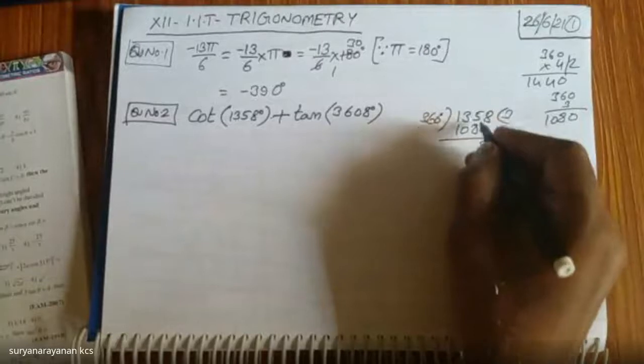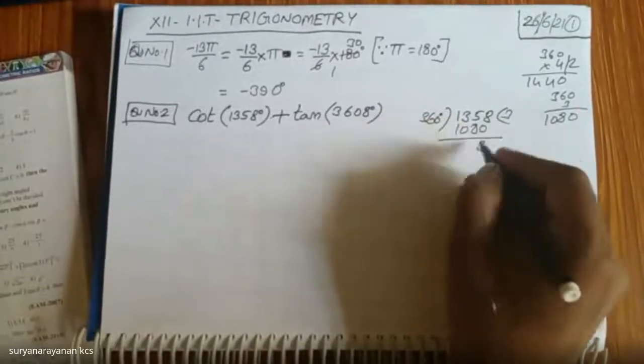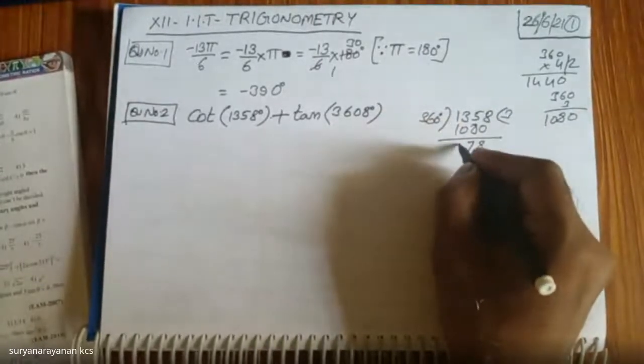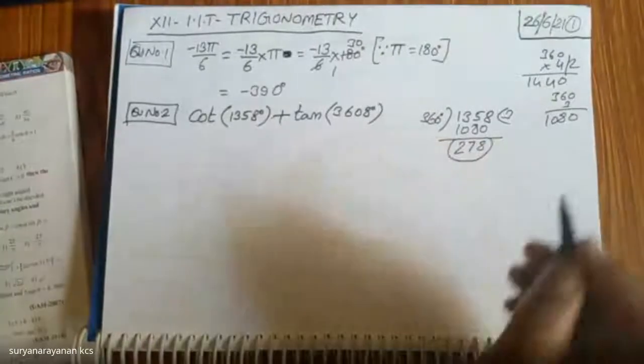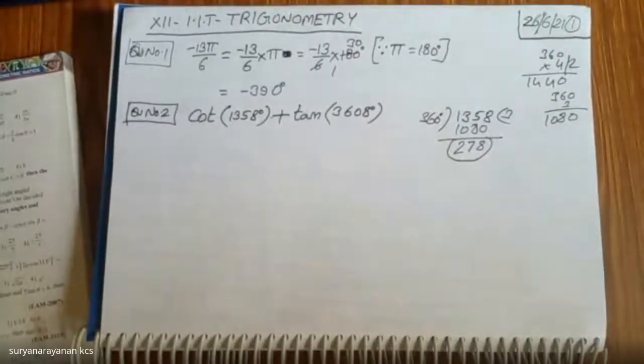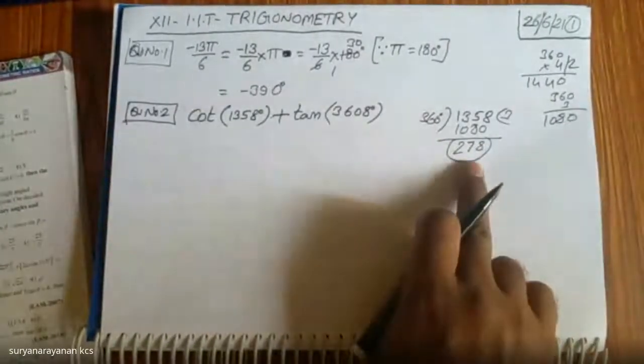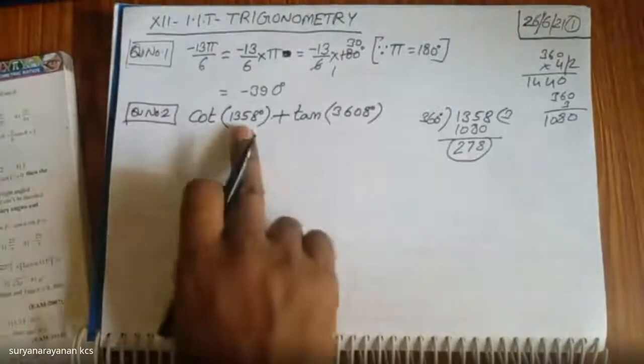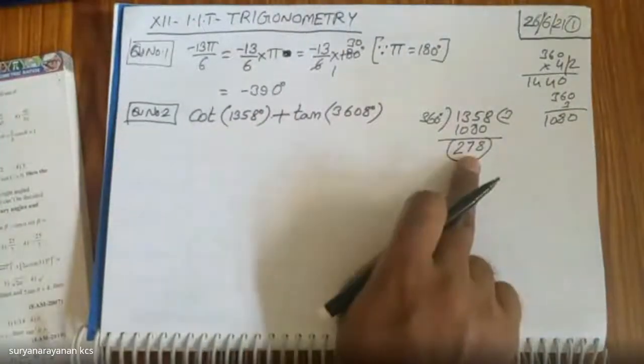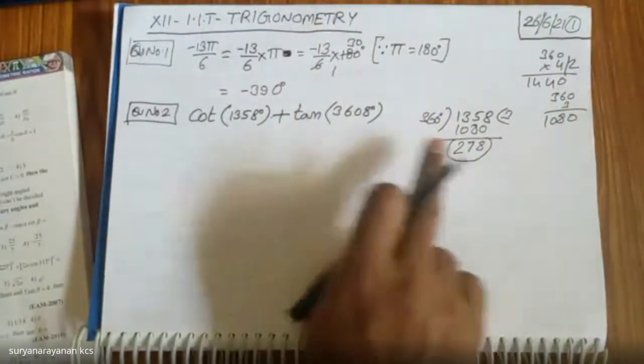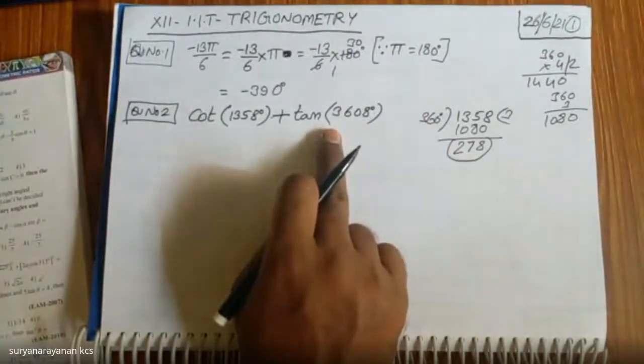What is the remainder here? We get 278 degrees. So whatever remainder we got, we can replace this angle by 278 degrees. That's all, and we will reduce it further later.